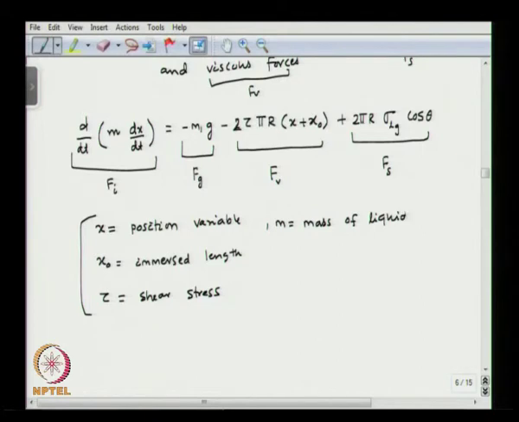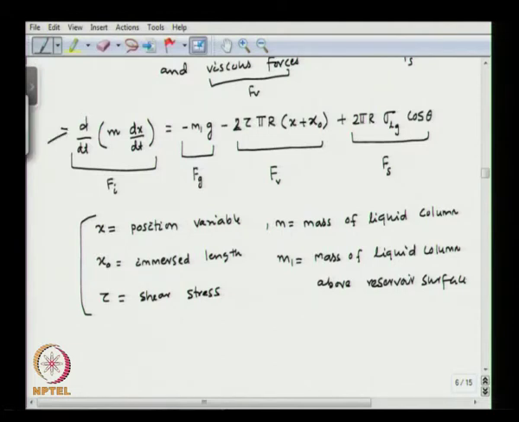So the total liquid column from the bottom to the top is m, and m1 is the mass of the liquid column above the reservoir surface. So now we can simplify this equation.